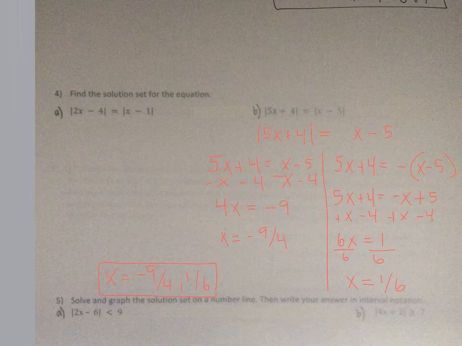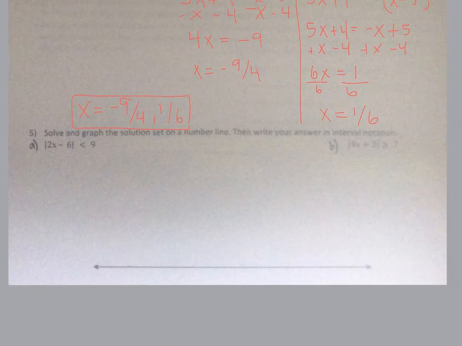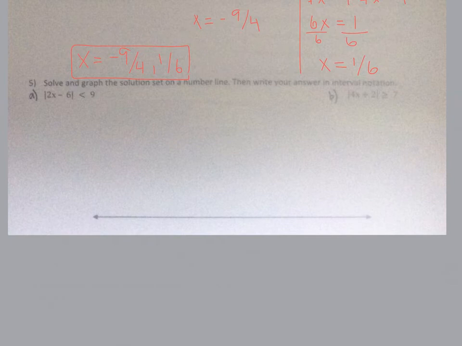Now let's take a look at when our absolute values have inequalities to them. Sorry that it's kind of hard to see, but really it shows the absolute value of 4x plus 2 is greater than or equal to 7. Okay, so we need to say that 4x plus 2 is greater than or equal to 7.